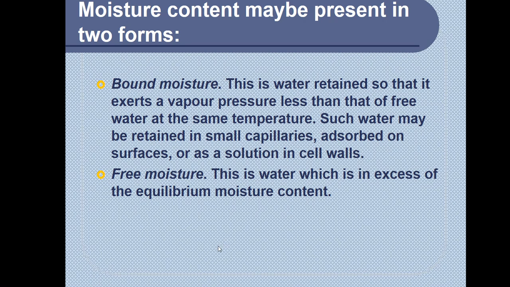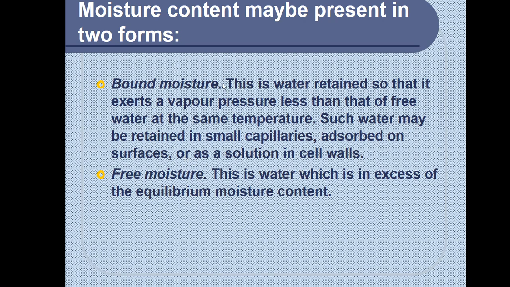Now, there are two types of moisture that we need to know regarding the concept of drying. So we have what we call bound moisture and free moisture. The bound moisture is the water retained so that it exerts a vapor pressure less than that of the free water at the same temperature. Such water may be retained in small capillaries, adsorbed on surfaces, or as solution in cell walls.